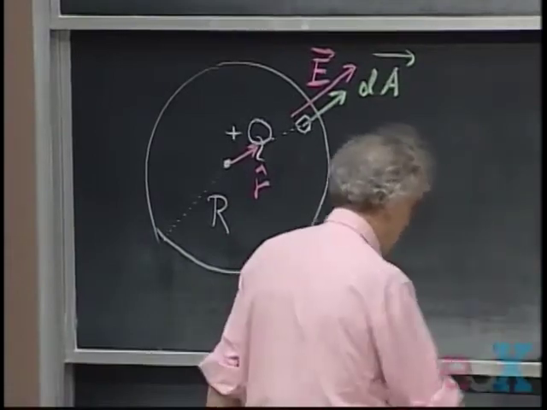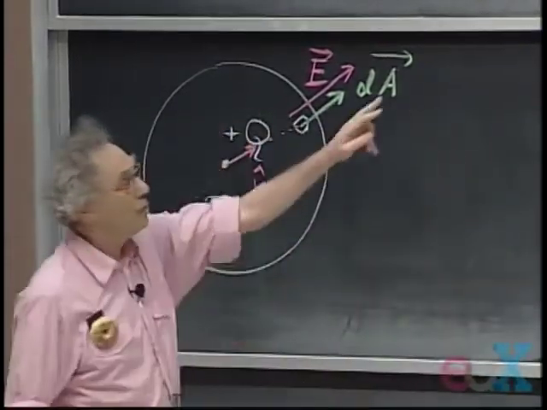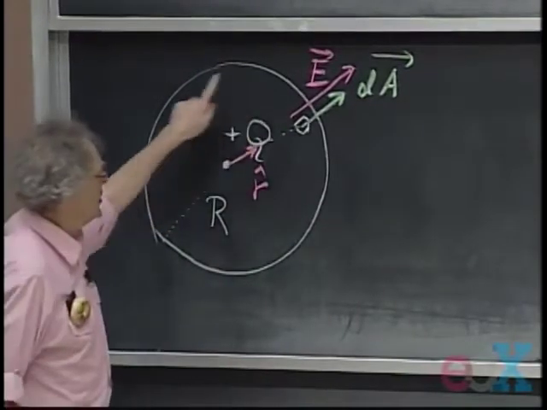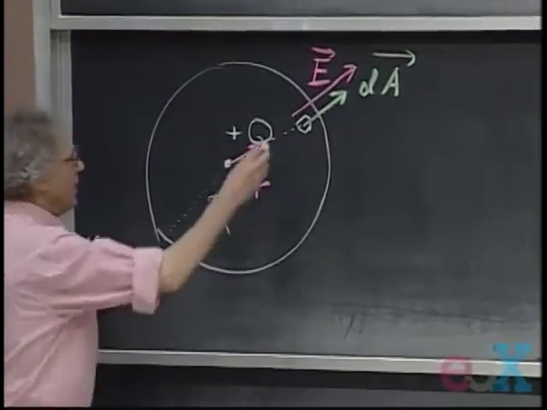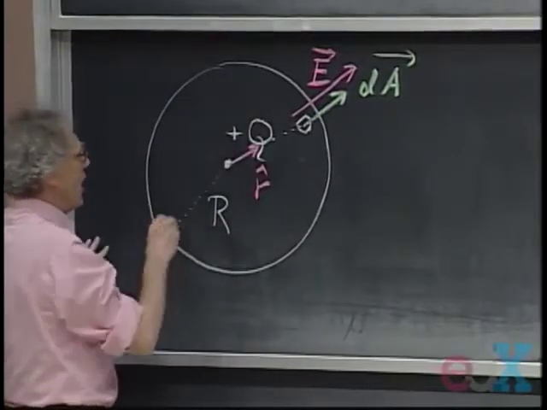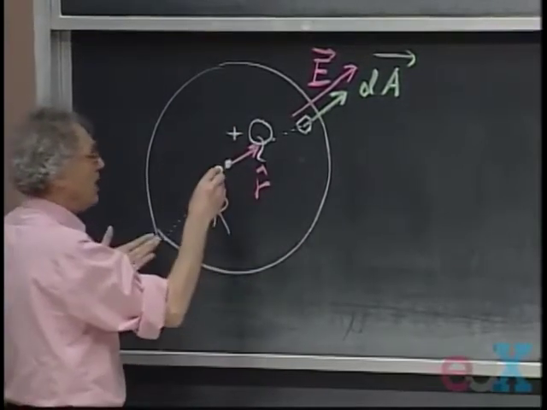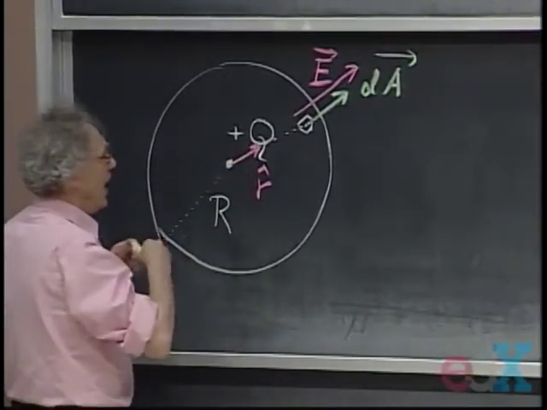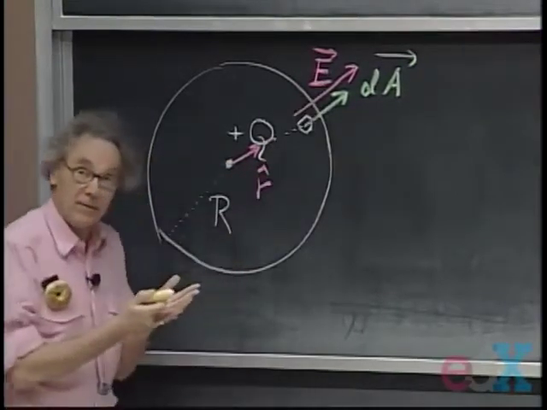So if now I want to know what the total flux is through this sphere, that's very easy. Because since this is a sphere, the E vector in magnitude is everywhere the same, because the radius is the same distance to this charge, and dA and E are parallel.